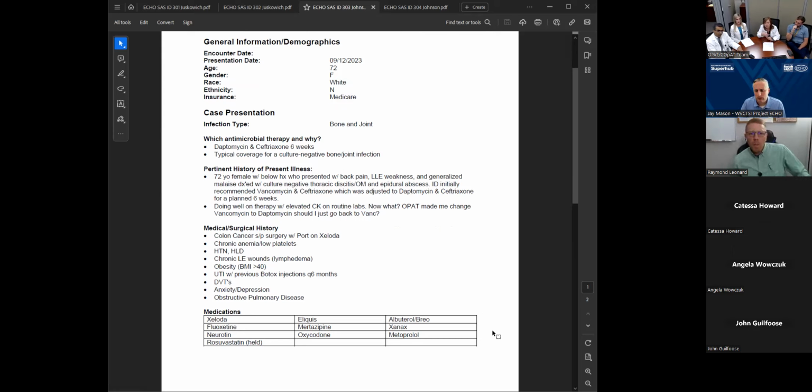In terms of her past medical history, she had a port, was treated for colon cancer and on Xeloda, hypertension, hyperlipidemia, obesity, past DVTs, as well as some anxiety and depression.